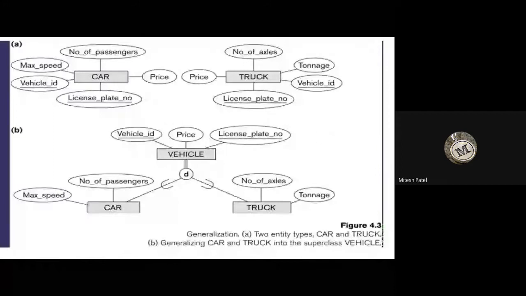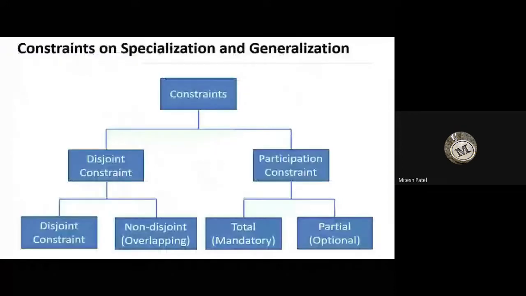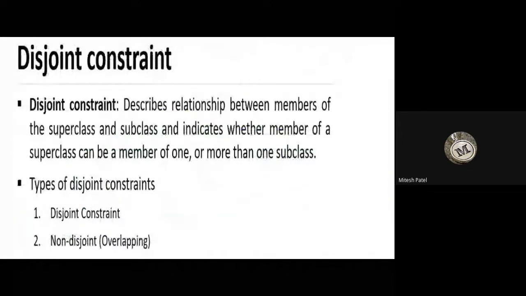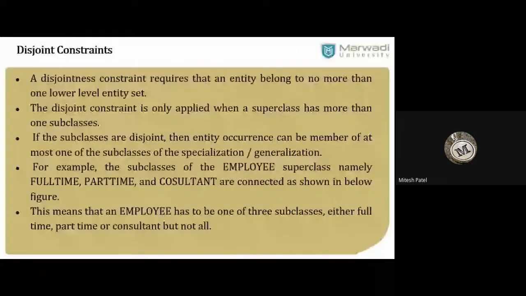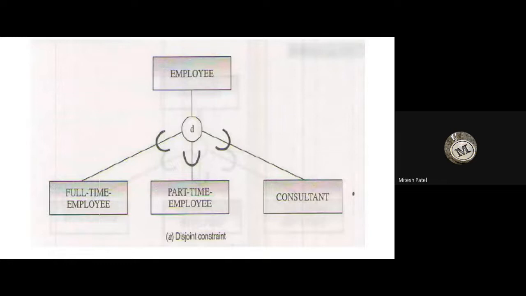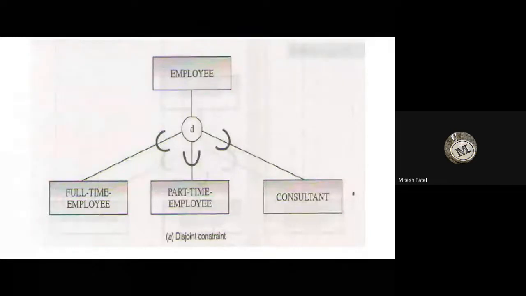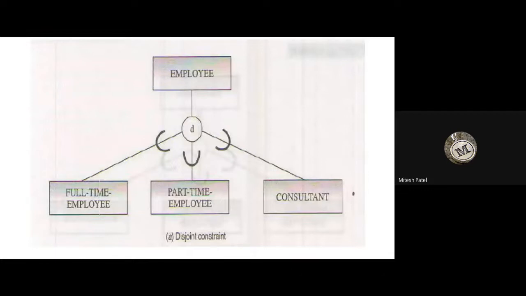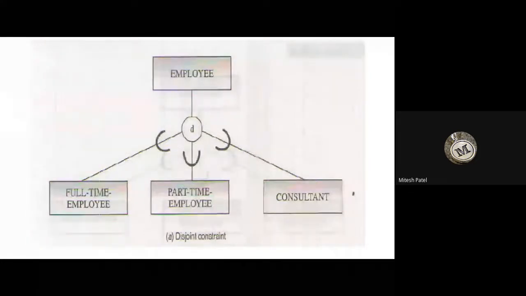Then we have seen the constraints, disjoint and overlapping, and participation. Disjoint constraint means if one entity is associated with not more than one subclass. For example, an employee can be full-time, part-time, or a consultant, but if the employee is associated with only one out of these three subclasses, then it is disjoint.